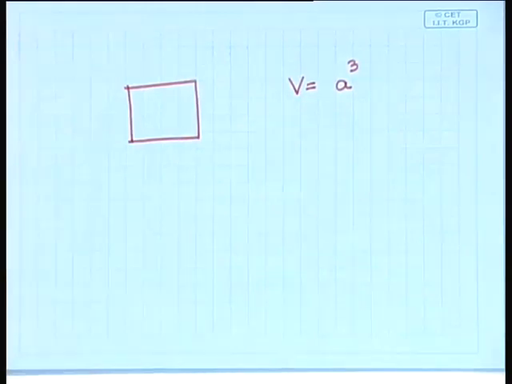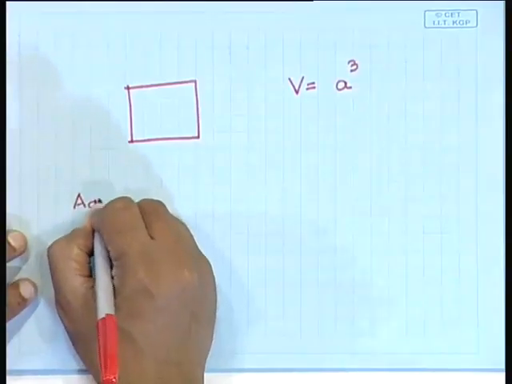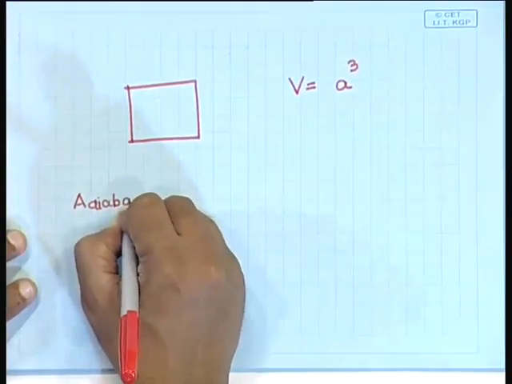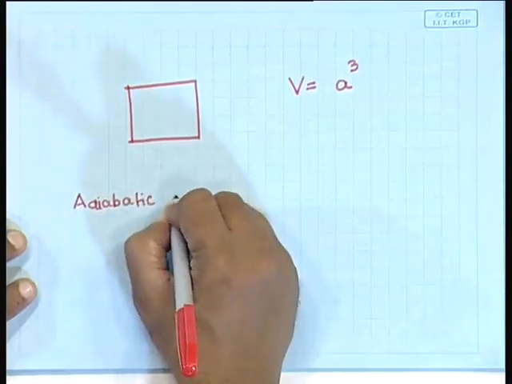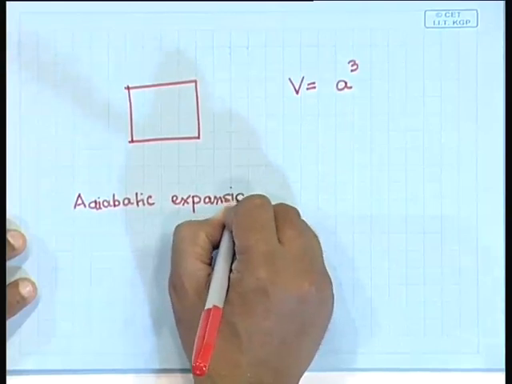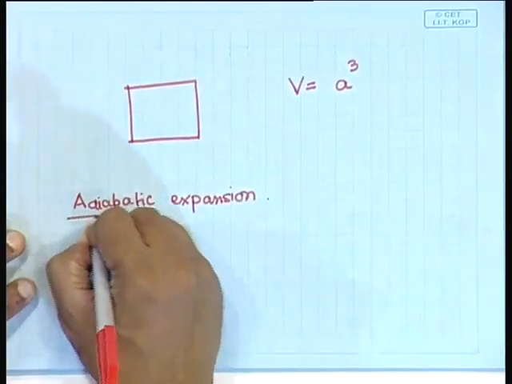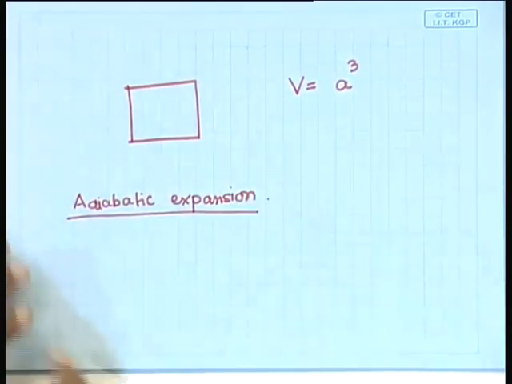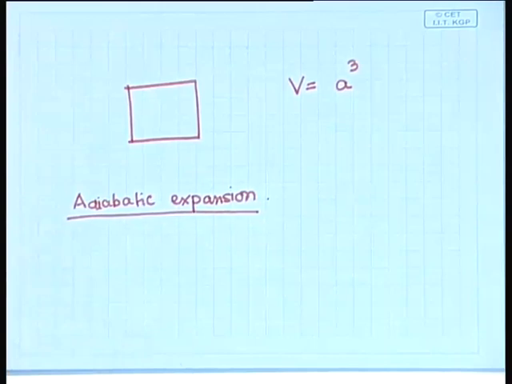Now, the expansion of the universe we assume is adiabatic. What do we mean by this?